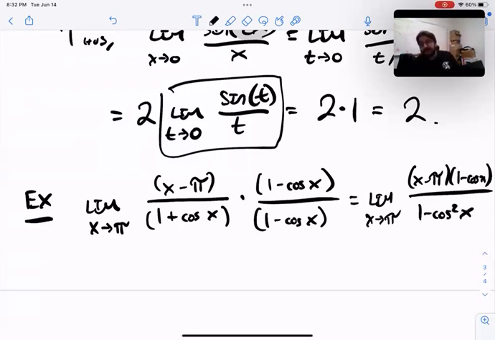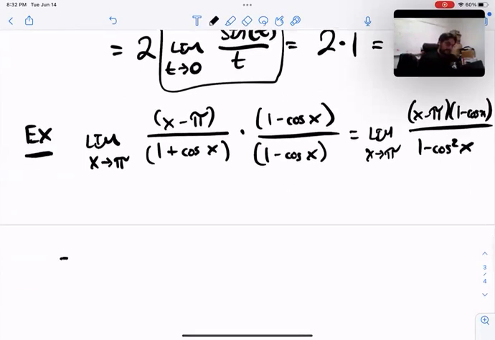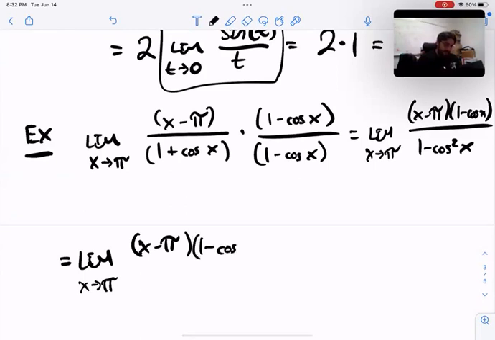That's what I end up with. And this is all as x approaches pi. So then what would happen next? Well, next I have, this is again the limit as x approaches pi. And then this is x minus pi. This is 1 minus cosine x. And then at the bottom, if I want, I could rewrite this as sine squared of x.